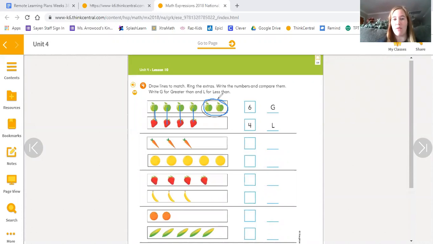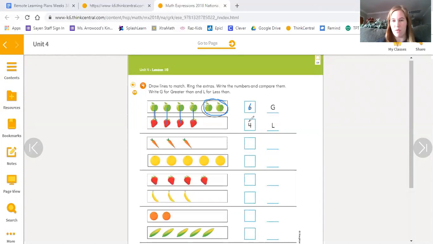Now we need to count and write the numbers. So let's count the apples. Count with me. 1, 2, 3, 4, 5, 6. I'm going to write a 6 just like they did in my box. Let's count the strawberries. 1, 2, 3, 4.